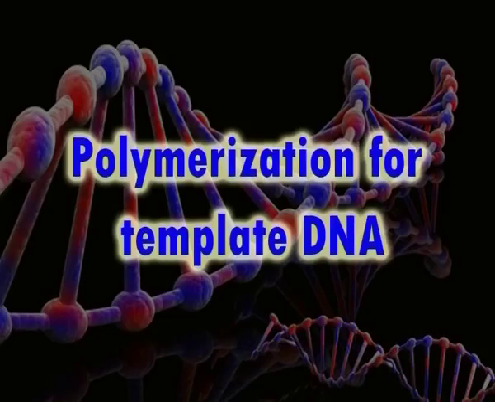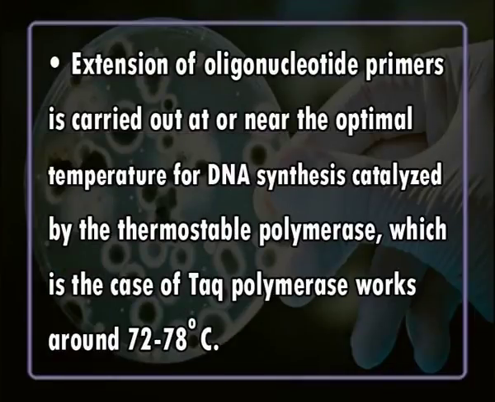The next step is polymerization of template DNA. Extension of oligonucleotide primers is carried out at or near the optimal temperature for DNA synthesis catalyzed by the thermostable polymerase, which in the case of Taq polymerase works around 72 to 78 degrees centigrade.